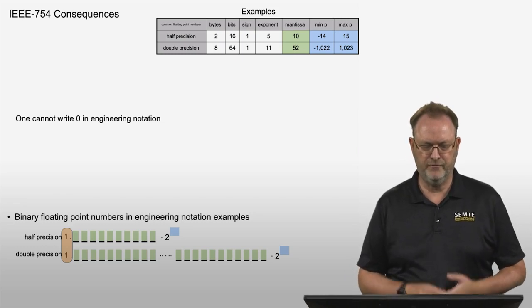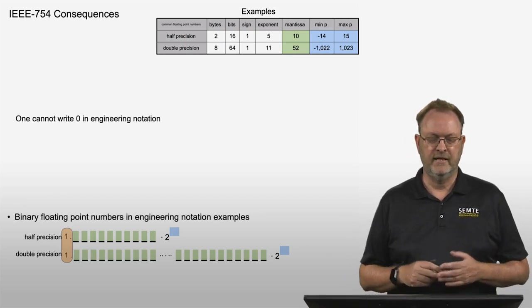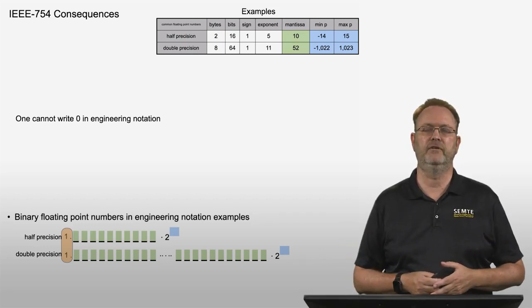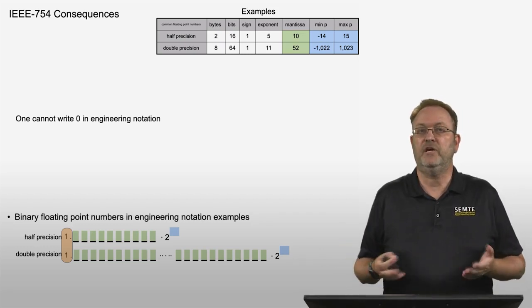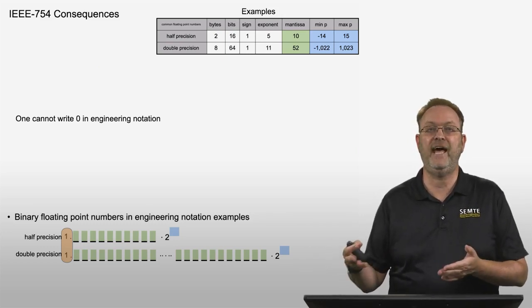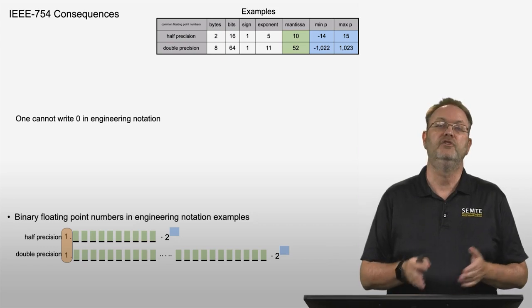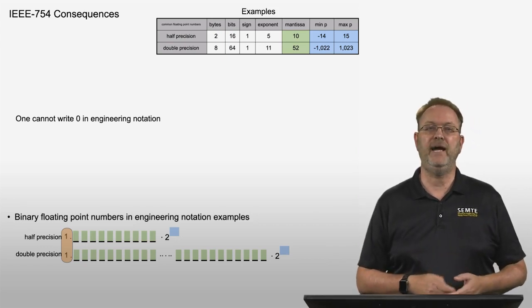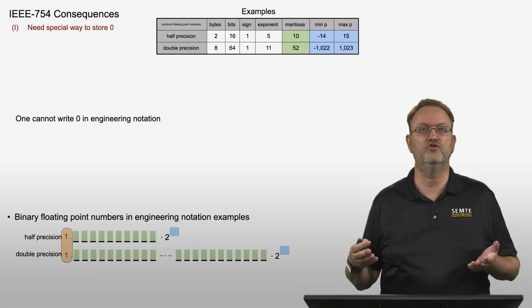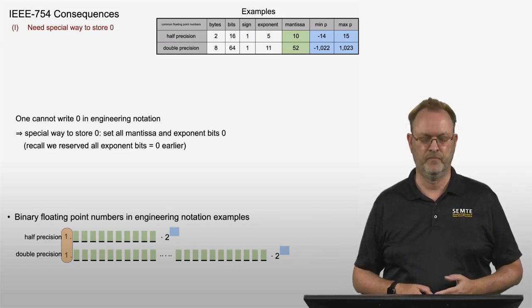Okay, so what are the consequences? Well, the first consequence is that we cannot write a true 0 in engineering notation. That's because we always write numbers in engineering notation having a 1 to the left of the binary point. So we need a special way to store the true number 0.